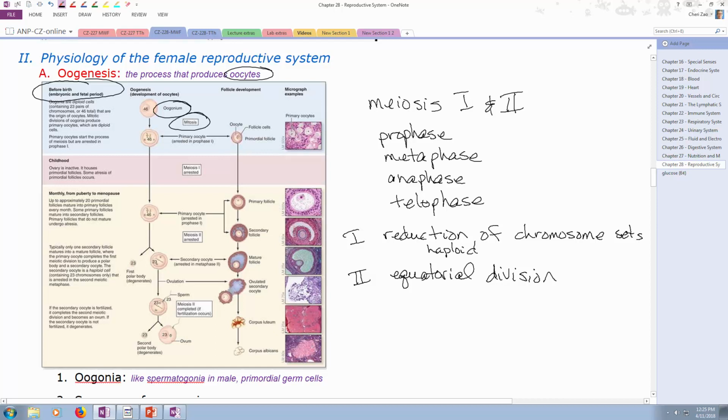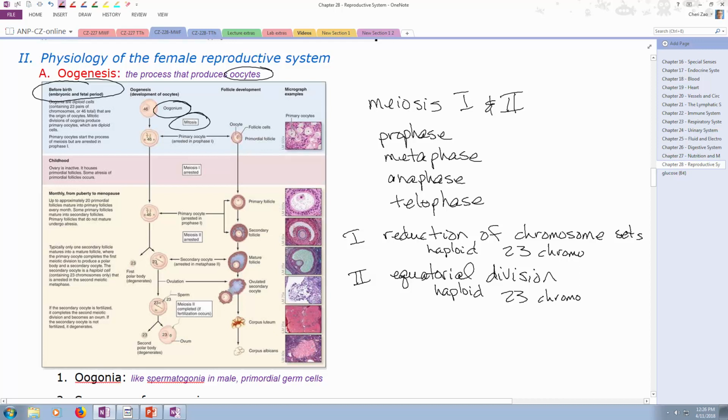And in equatorial division, we'll still produce haploid cells. So haploid means 23 chromosomes for both areas, but it's by a very different creative way of looking at things.